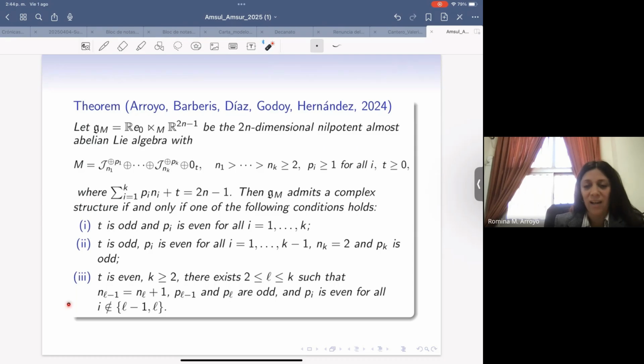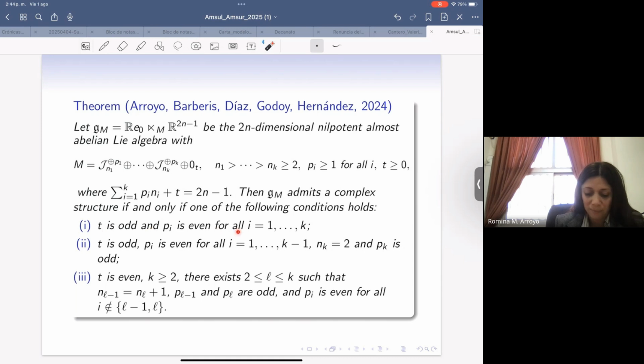And of course, they are in correspondence with the three cases that I spoke about in a previous proposition.